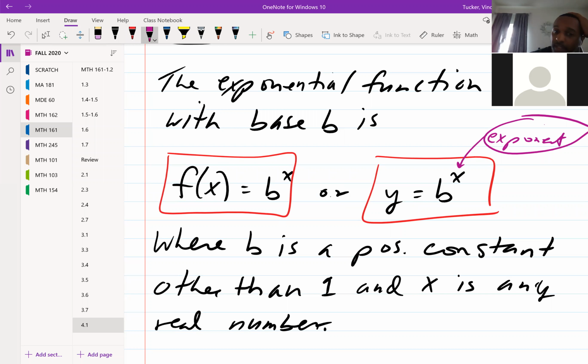And b is a positive constant other than 1, and x is any real number.